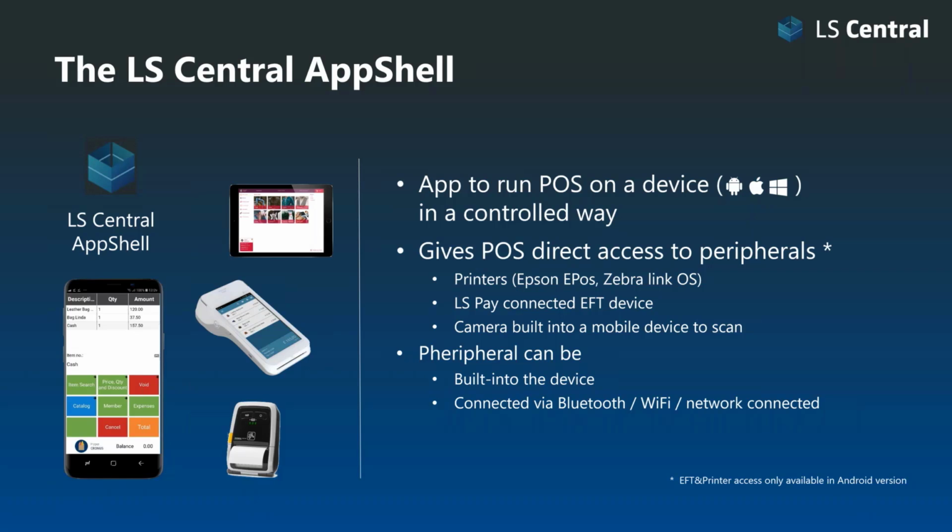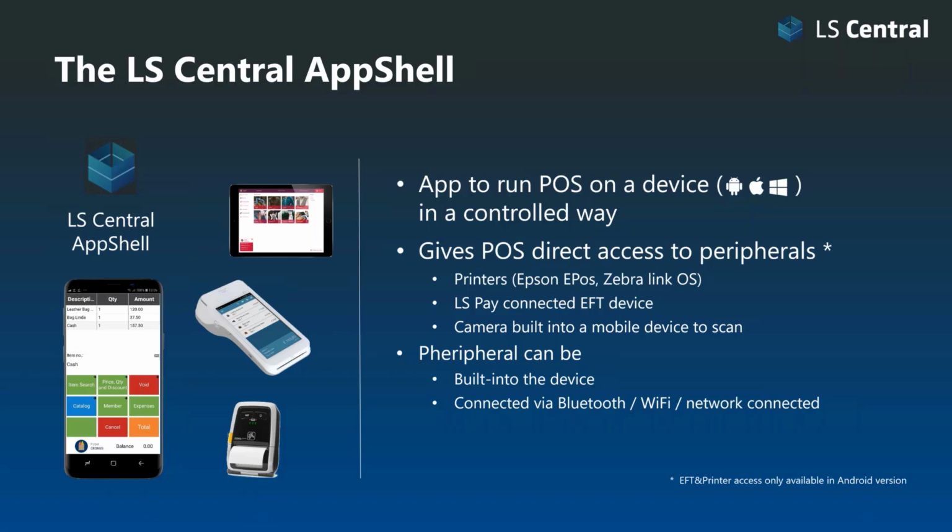And in the Android version of the LS Central AppShell, the web POS can have access to resources on the mobile device. That can be a printer or a payment device. Now, we are seeing a lot more devices on the market that have built-in features like this, like printing and payment.